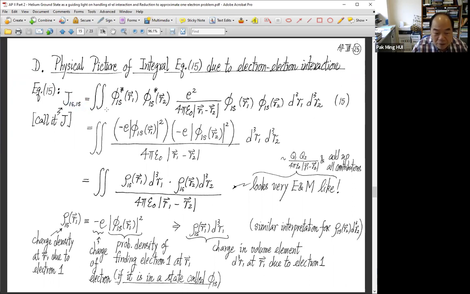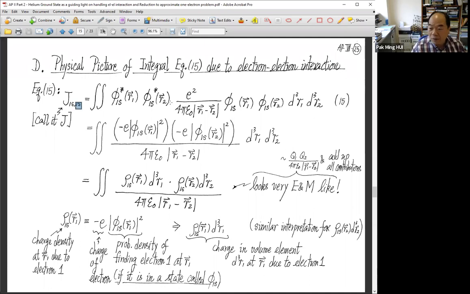Later on, as Mr. Gu asked before the break, maybe in lithium, we have the following situation. We may need to consider 1 electron, r1, is in 1s, the other one is in 2s. And thereby I will have a 1s, 2s, and this form can be labeled by J_1s2s. But that is later. Don't worry about it now.